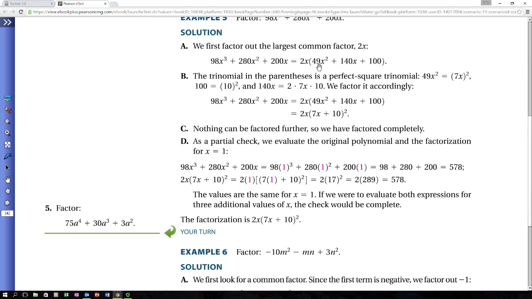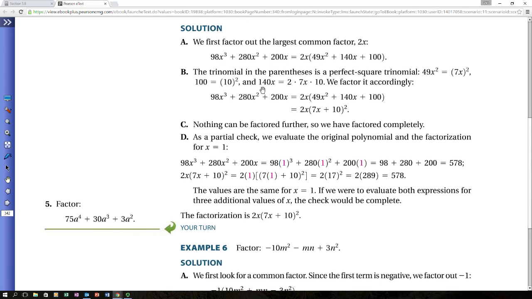So I look at the first term as something squared, it's 7x, the quantity squared, right? They end up with this right here, right? And 100 is 10 squared. So the middle term is positive, so I'm going to use the positive 10. And I end up checking the middle term: 7x times 10 is 70x.